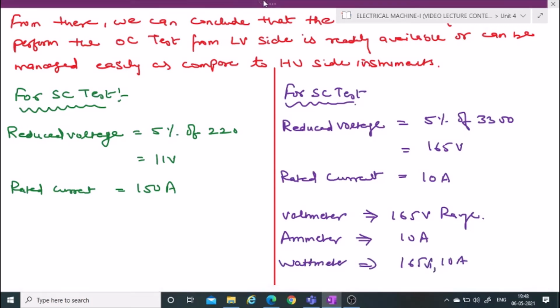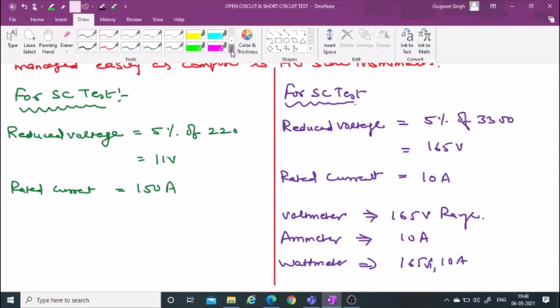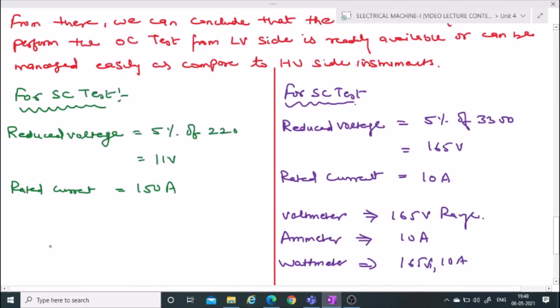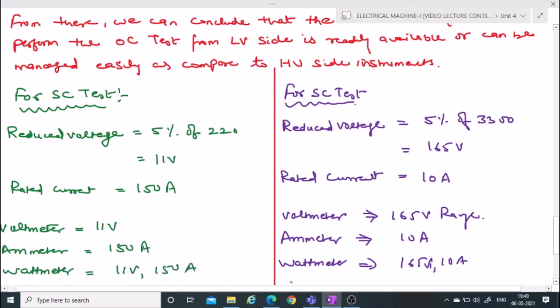And comparing this with the low voltage side, the voltmeter required will be of 11 volt range, and the ammeter of 150 ampere.